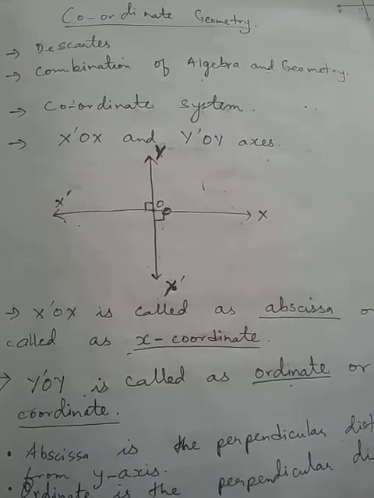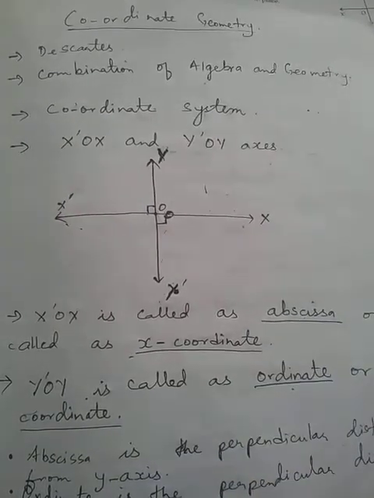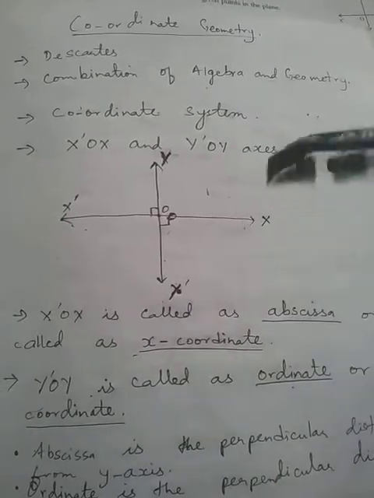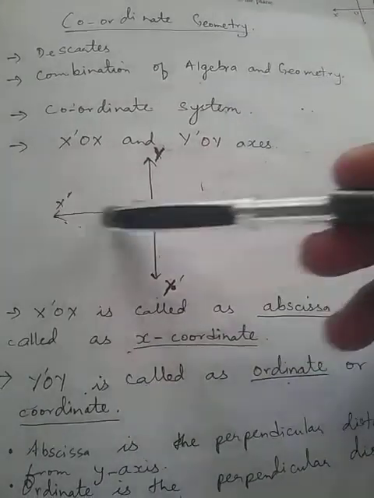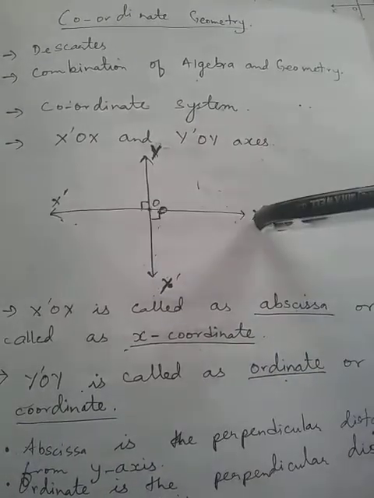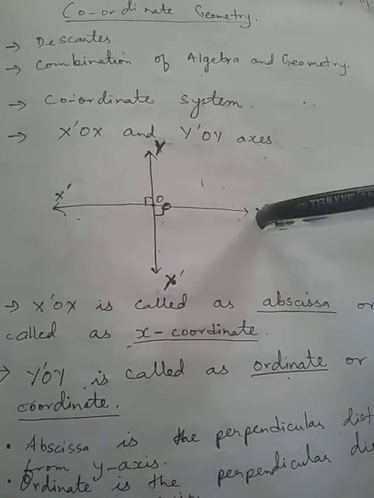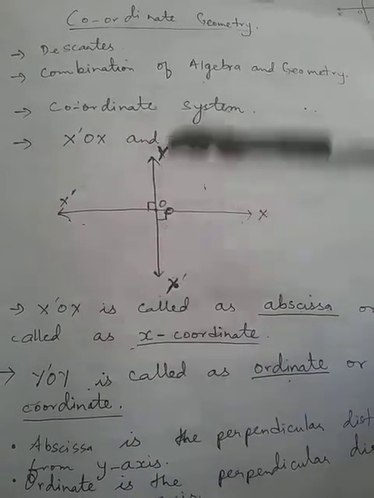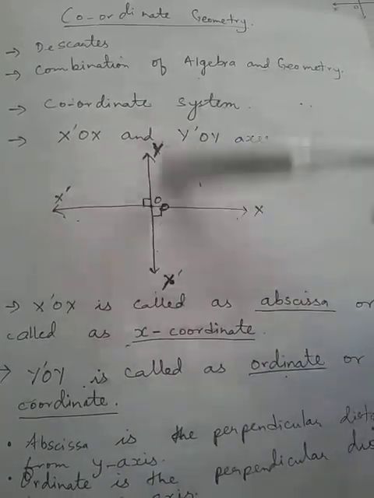In this coordinate system, it is like what you have in your graph. We have the two axes, right? In a graph we have the horizontal line, which we call the horizontal axis, and the vertical line, which we call the y-axis. The x-axis and the y-axis.